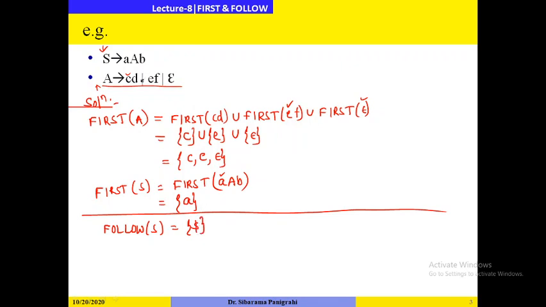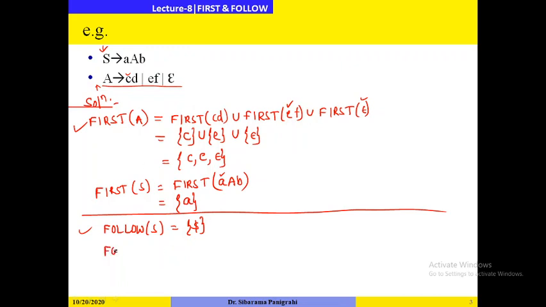Next, I have to look at the production whose right hand side contains S. While computing the First, we are looking at the production whose left hand side contains that symbol, whereas while computing Follow, we are looking at the productions whose right hand side contains that symbol. Here you see there is no production whose right hand side contains S. So Follow of S will be only dollar.